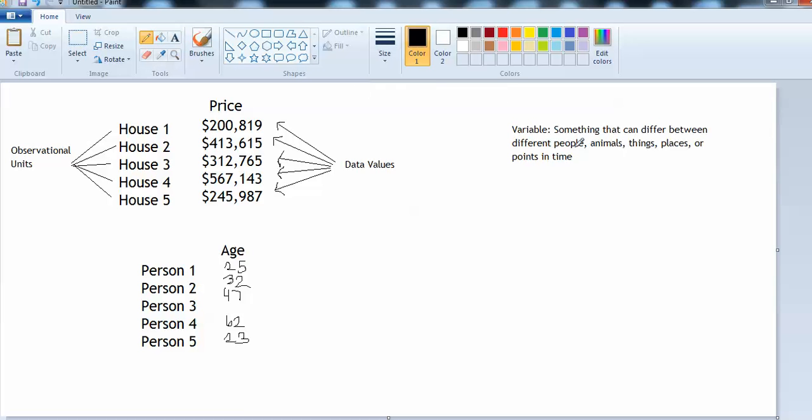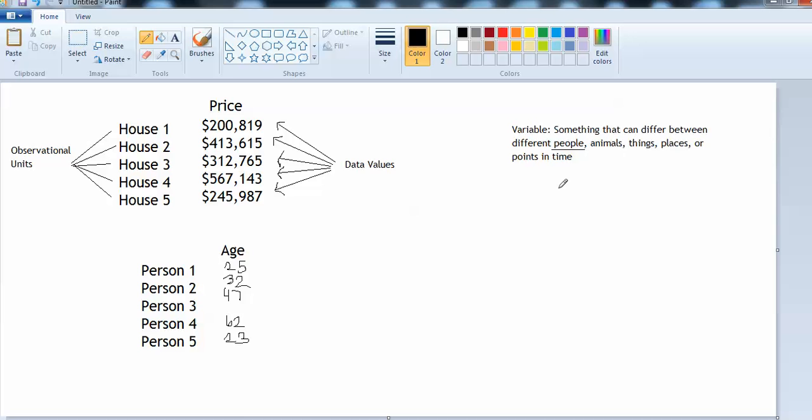What about examples that have to do with people? Age is a variable because different people have different ages. So age is something that can vary across different people. Height is a variable because different people have different heights. What could be another example?